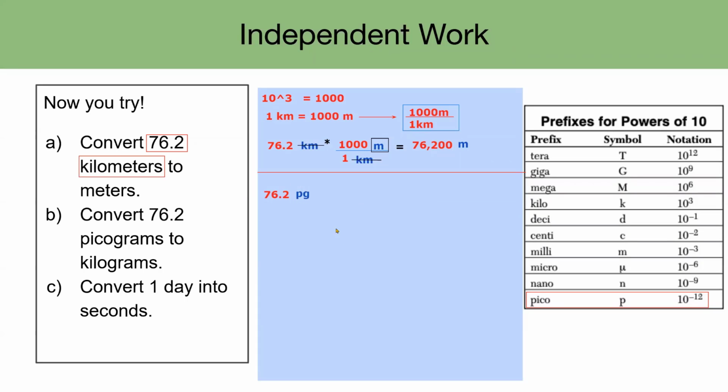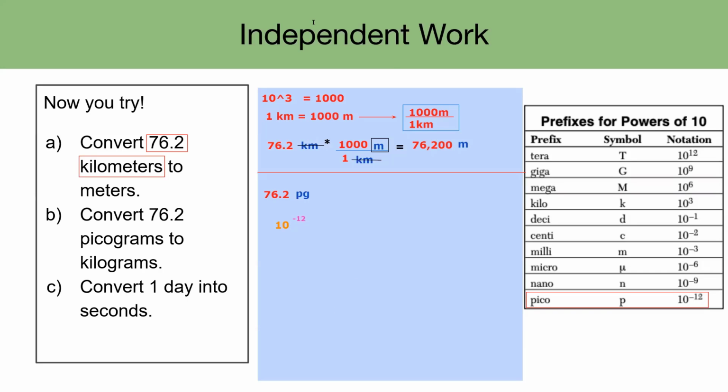So you're probably wondering, wow, we're going to be going from negative 12 to positive 3. So what I mean there is this. Just like before, when we have picograms, we have our base of 10, but our exponent is going to be a negative 12.